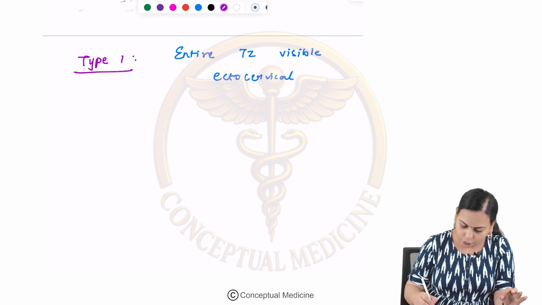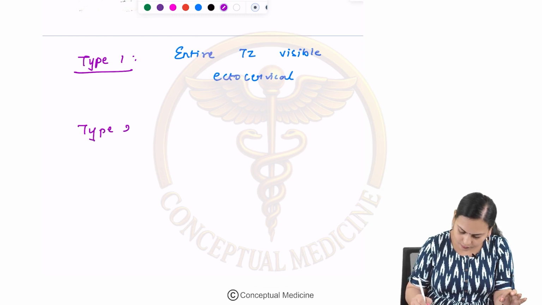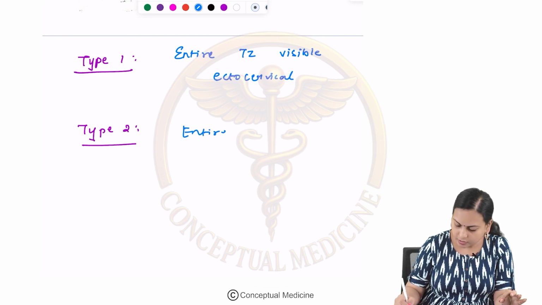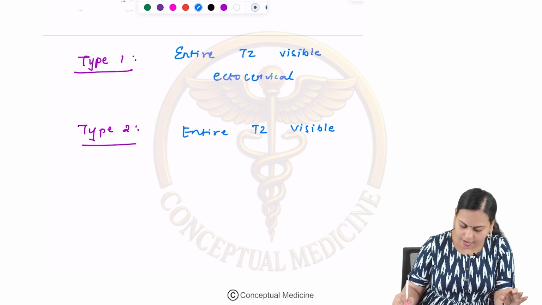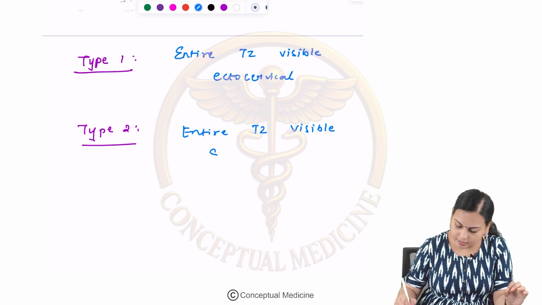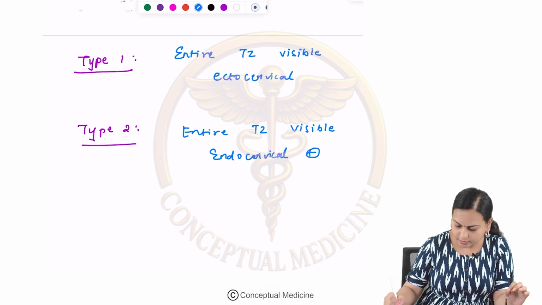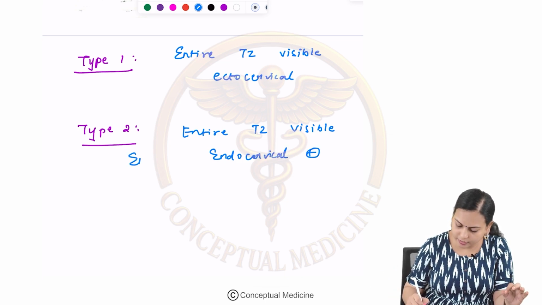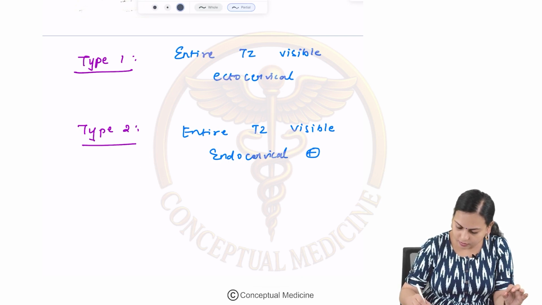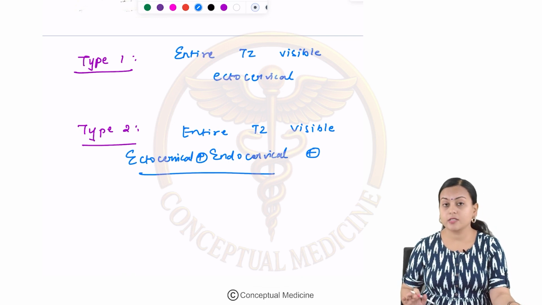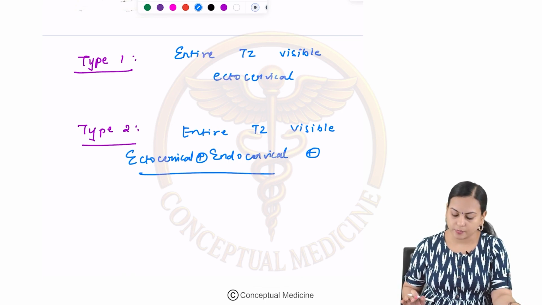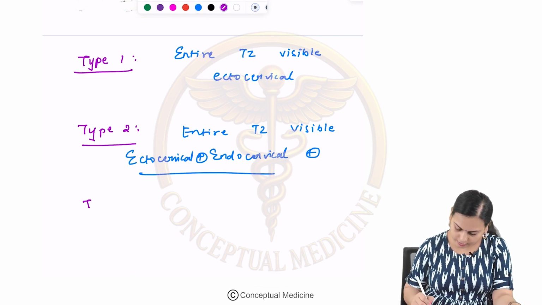And in type 2, the entire transformation zone is visible and it also has an endocervical component. That means it is both endocervical plus ectocervical. Okay. So, endocervical and ectocervical both components are present. Okay. Next is type 3.